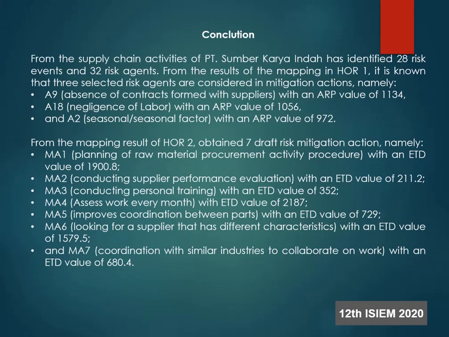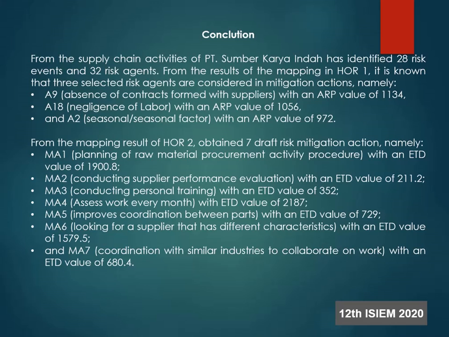Conclusion. From the supply chain activities of PT Sumber Karya Indah, 28 risk events and 32 risk agents have been identified. From the result of the mapping in HOR1, it is known that 3 risk agents are selected to be considered in mitigation action, namely A9, A18, and A2.